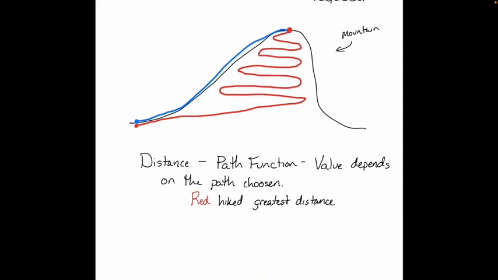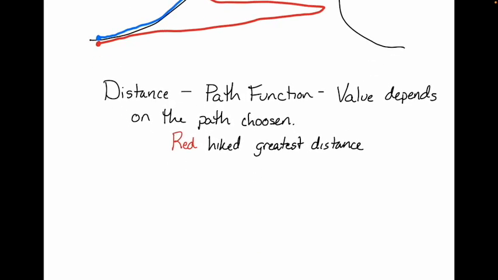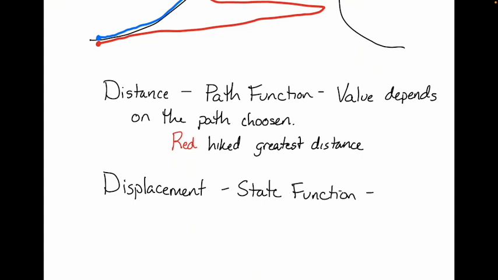But there is a very similar quantity called displacement, and displacement is what we would call a state function. Its value is independent of the path chosen.